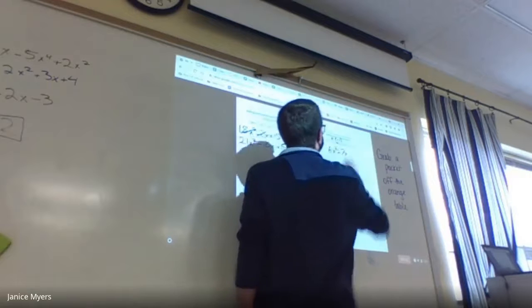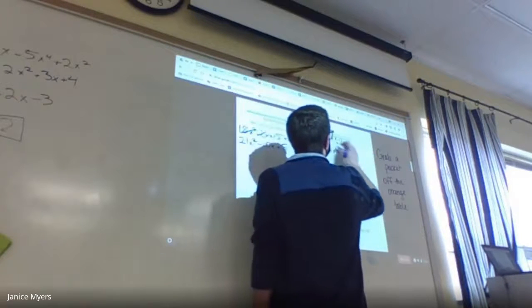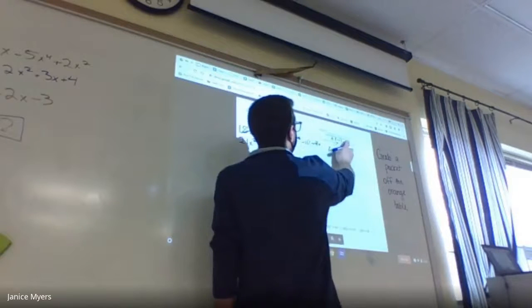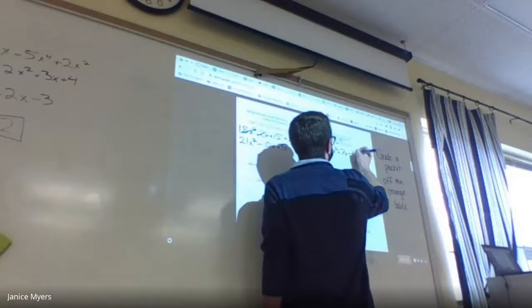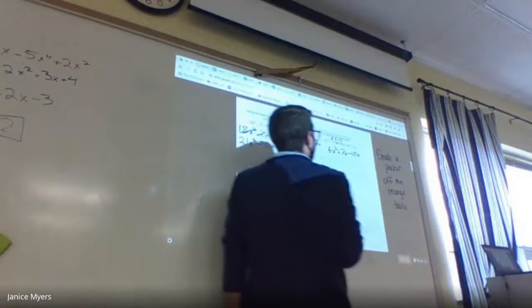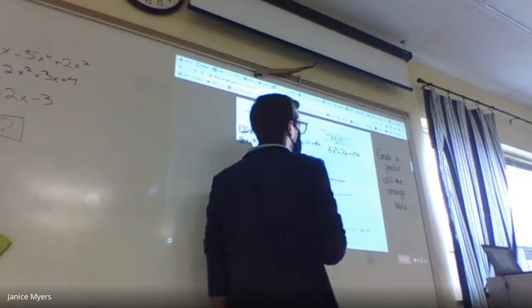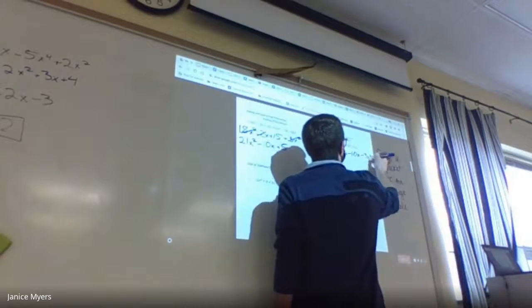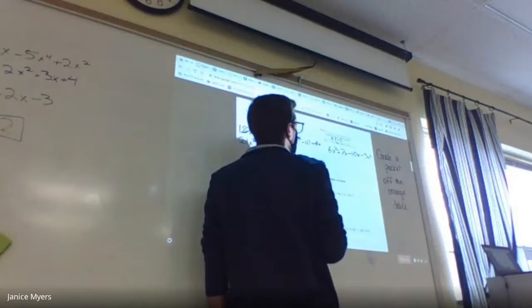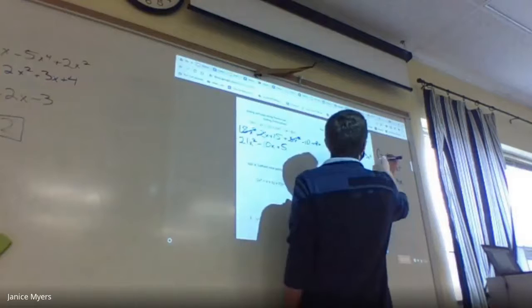Negative 1 times positive 10x gives you a negative 10x. Negative 1 times positive 3x squared gives you a negative 3x squared. And negative 1 times positive 2 gives you a negative 2.